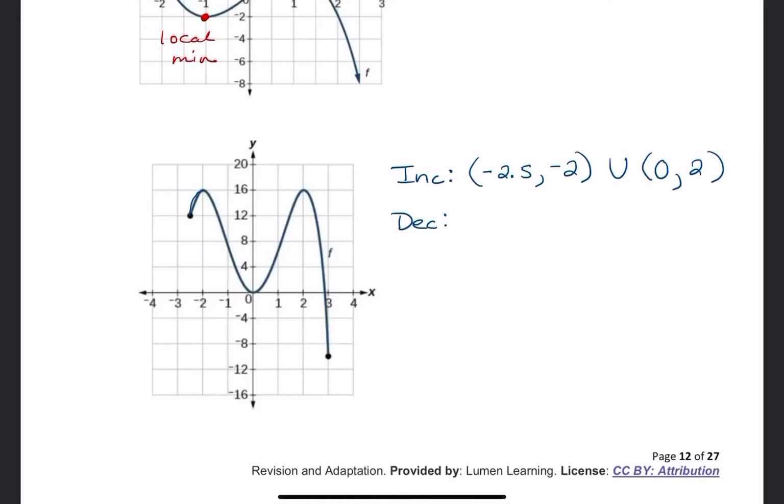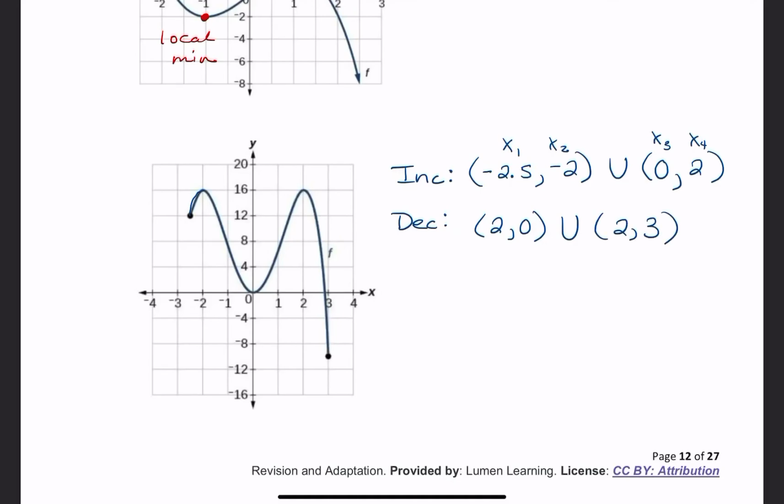So notice here, these look like points, but they're actually intervals. So know the context. I'm going from one x value to another x value. These are all x values, so it's an interval. I'm decreasing here from -2 to 0, and then again from 2 to 3.